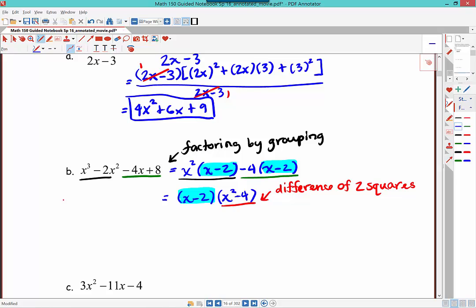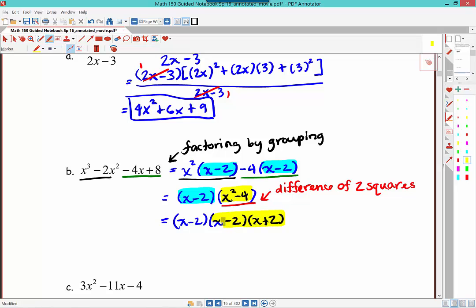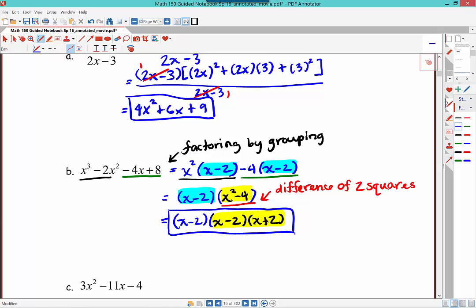So, factoring further, we'll have x minus 2 times x minus 2 times x plus 2, and this is equivalent to this. And then we're all done. All right? Doing okay? Awesome.